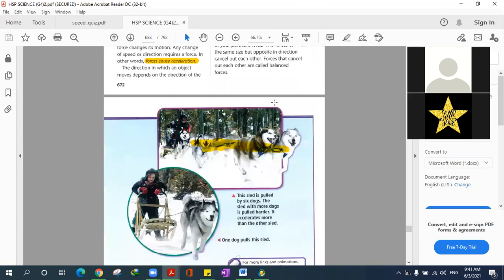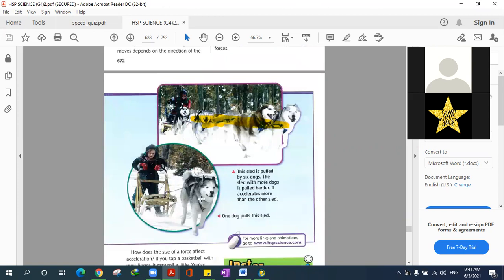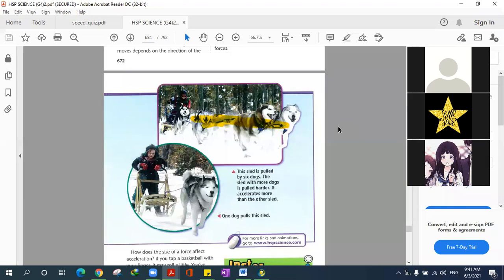The same as the girl with 6 dogs and the girl with 1 dog. Which one will have more acceleration? The one with 6 dogs, because it has more force.